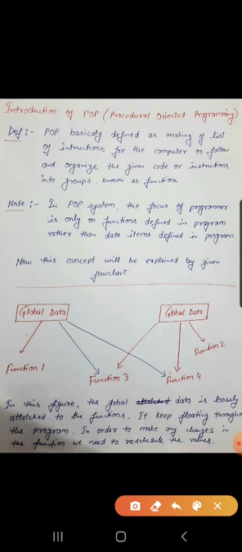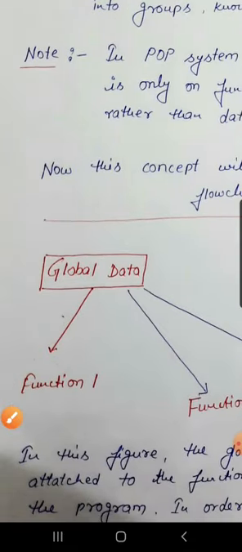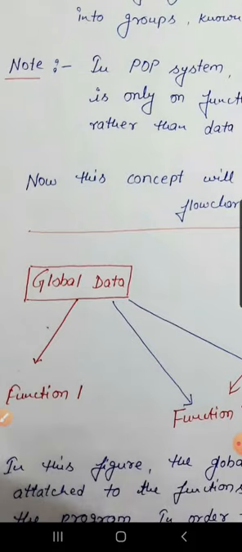Here, this is our global data. Global data first is accessing function 1, function 3 and function 4. They can easily share any data here.